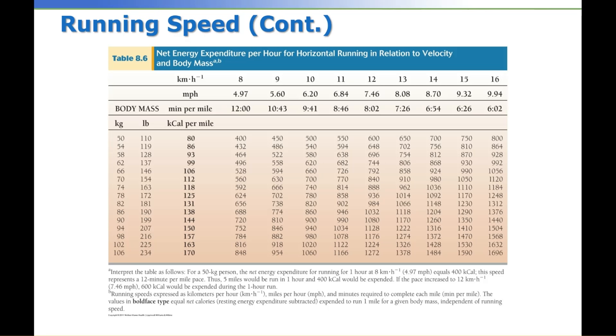Running speed and body mass. It talks here about net energy expenditure per hour for horizontal running in relation to velocity and body mass. So you look at body mass, and then you look at velocity.